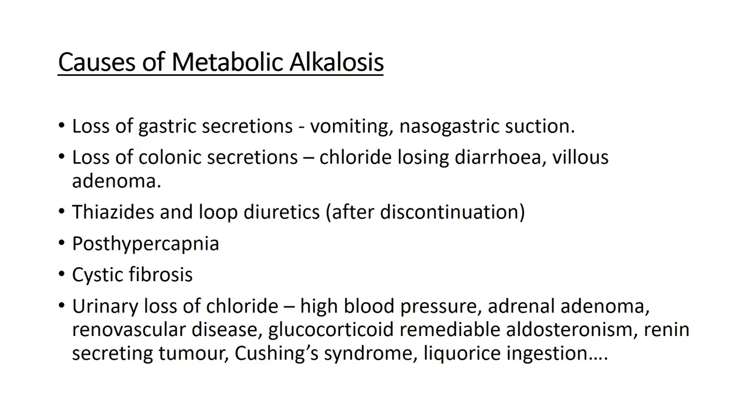Post hypercapnia, if someone has retained CO2, afterwards you can develop a metabolic alkalosis. Patients with cystic fibrosis, and a urinary loss of chloride, that might be caused by high blood pressure, adrenal adenomas, renal vascular disease, glucocorticoid-remediable aldosteronism, particularly when you stop steroids, renin-secreting tumor, Cushing syndrome, or licorice ingestion.